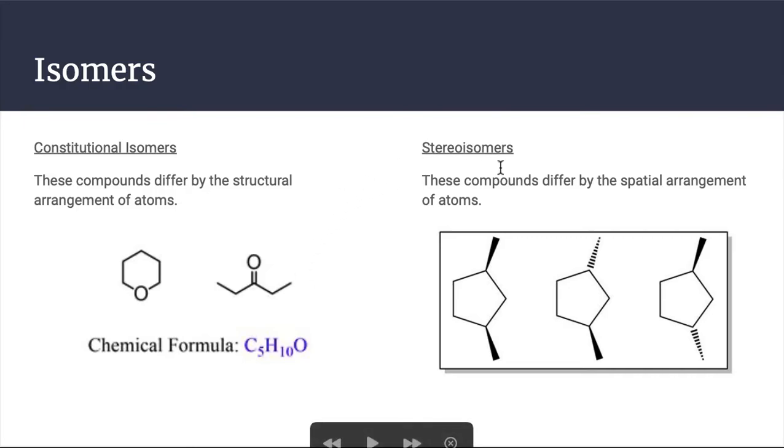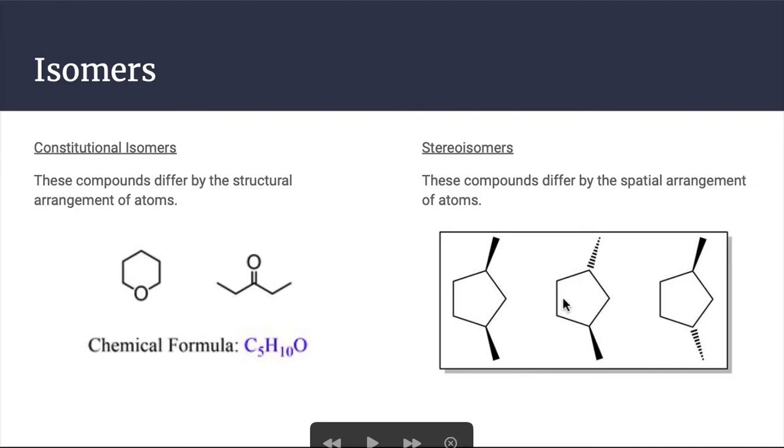Stereoisomers, on the other hand, are isomers that differ based on their 3D structure. That means they look the exact same when they're drawn in 2D, but when they're drawn in 3D, they're different. The example for that was this picture over here. If you drew this picture in 2D, it would basically be the pentagon that they have, with just two normal lines sticking out from these two carbons.